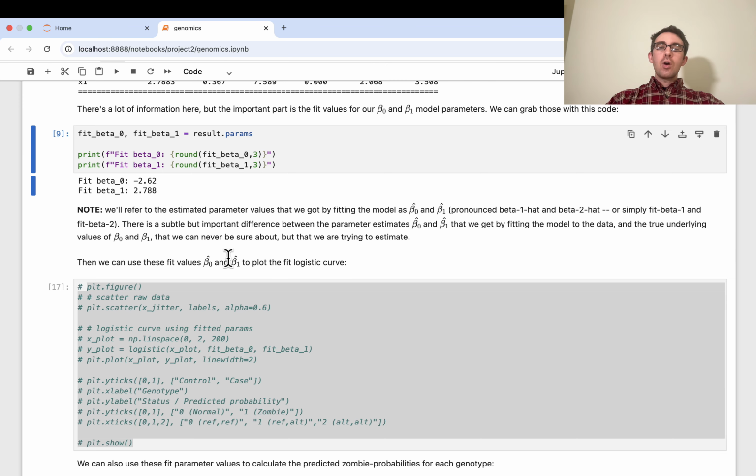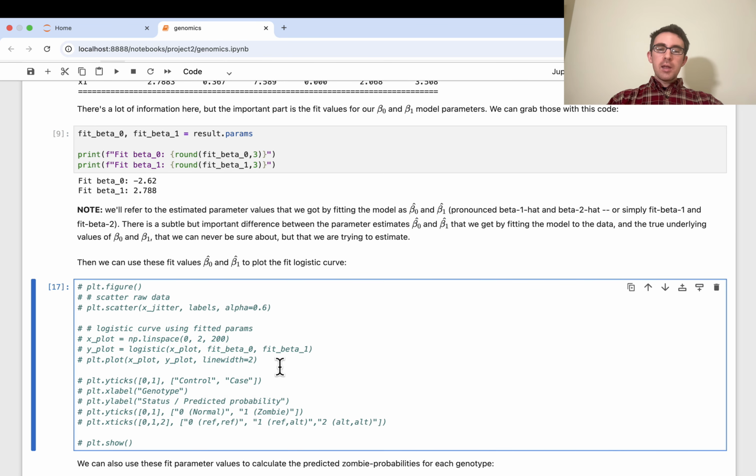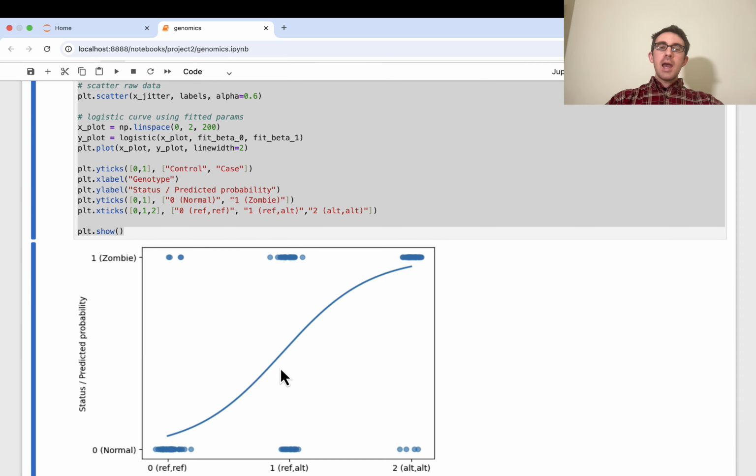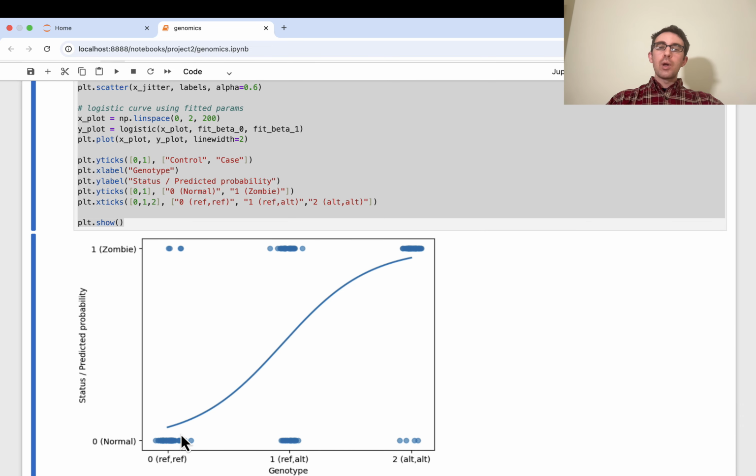Once we have our fit values of these parameters, we can make this plot of our data points again, but now actually plot the logistic growth curve that we get using these fit parameter values. So now we have a fit curve.